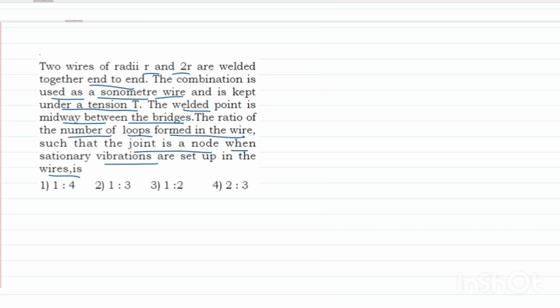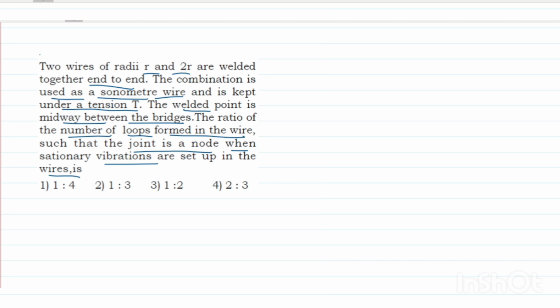Two wires joined together are used as a sonometer wire and kept under a tension T, such that the joint is a node and vibrations are set up in the wires.